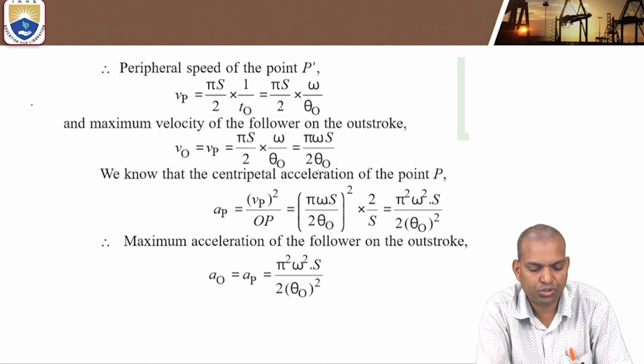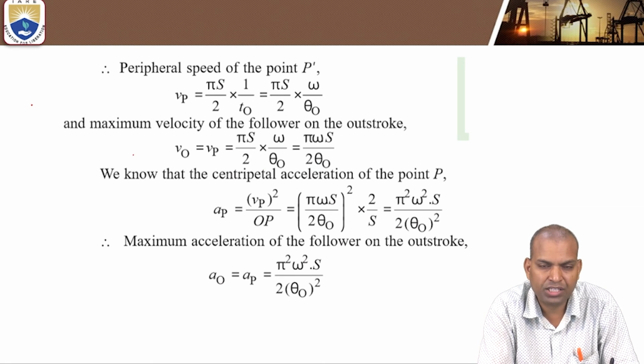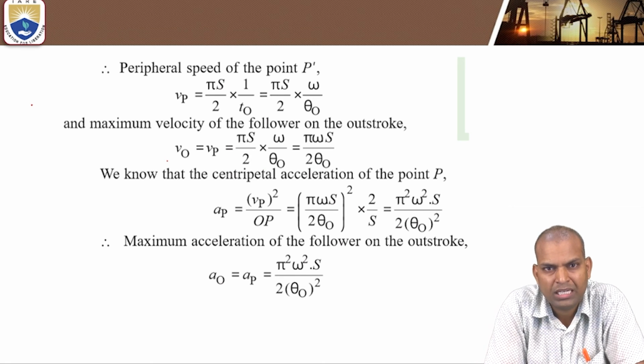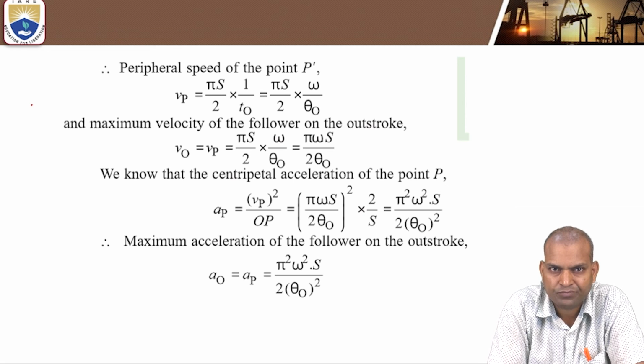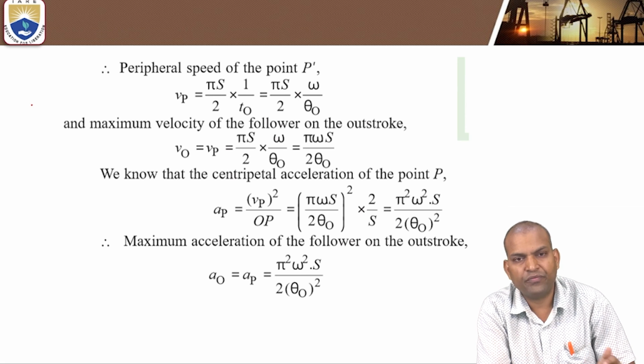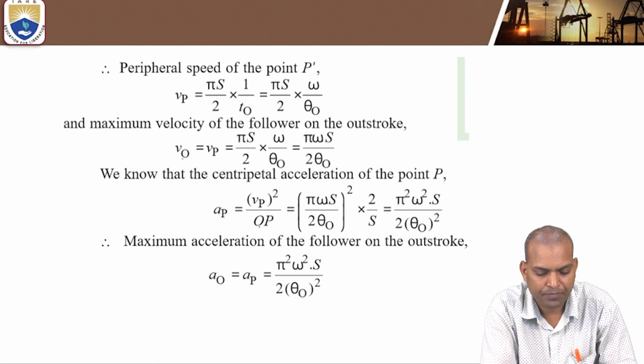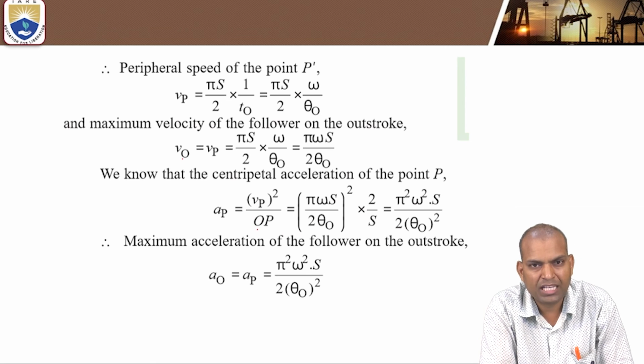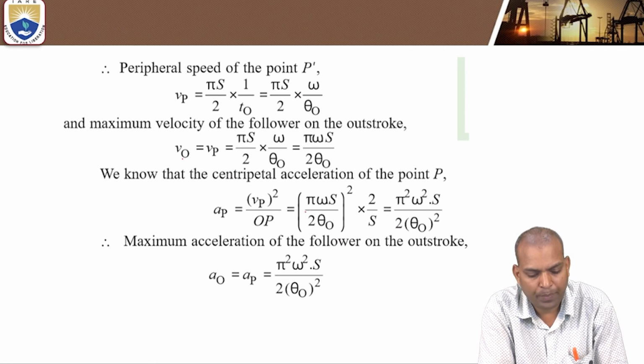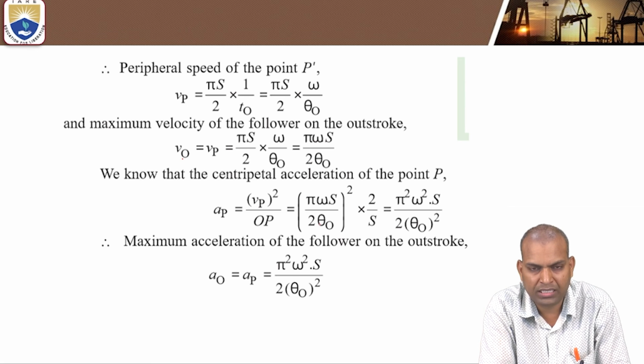theta o, outstroke. Now what is the acceleration? The acceleration equals v square by r. What is that v here? That is v0, that is vp square. What is that r? OP. Now that r equal to s by 2. Now pi omega s by 2 theta naught whole square by s by 2.